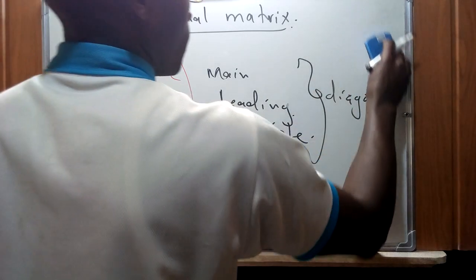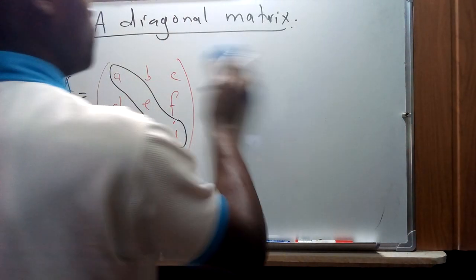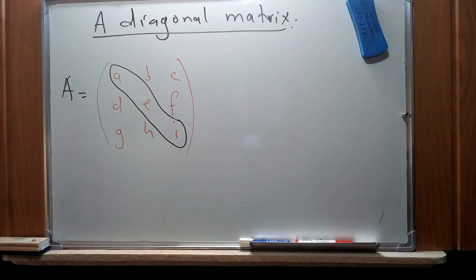So this gives us a definition of this type of matrices known as a diagonal matrix. These are matrices whose every entry is 0 except in the main diagonal or the principal diagonal as I've defined it. The main diagonal is the one running from the upper left to the lower right, as I've demonstrated. So from the definition, a diagonal matrix is a matrix whose every entry is 0 except the main diagonal.